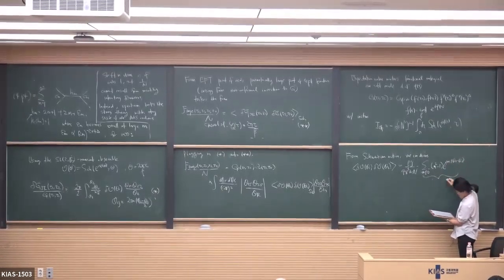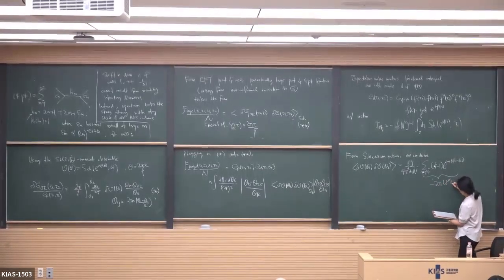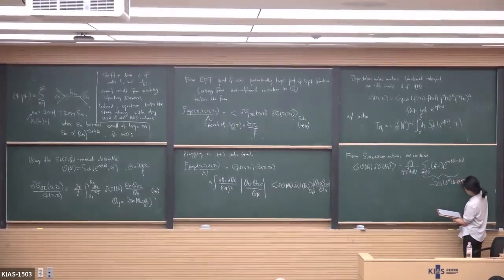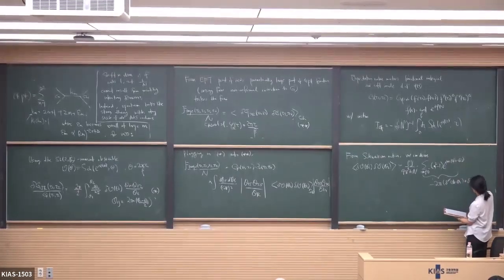In position space, this is just minus 2 pi times the second derivative of the delta function plus the delta function, plus 1.